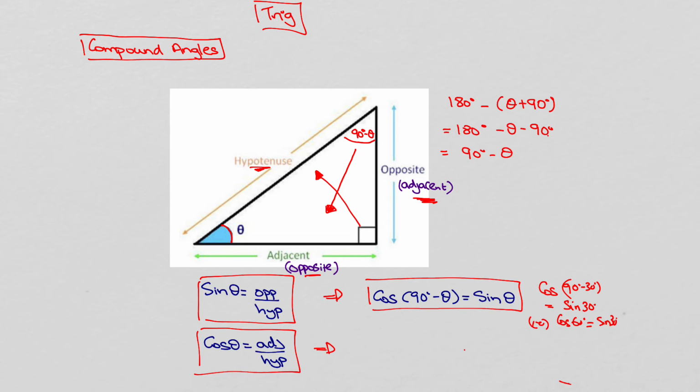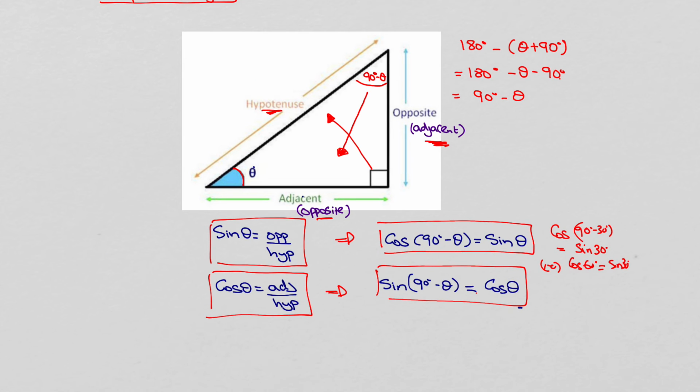So sine, being the opposite over hypotenuse, for 90 minus theta is equivalent to the adjacent over the hypotenuse for theta. In other words, it's equal to cos theta. And again, you could choose any angle for theta.